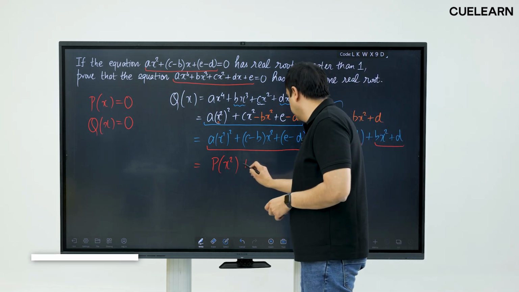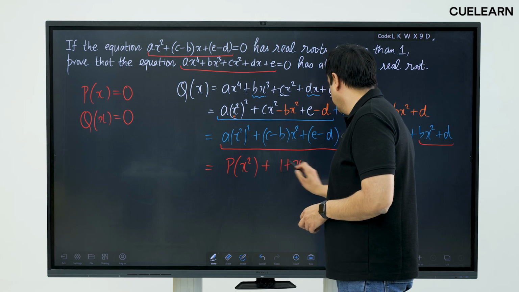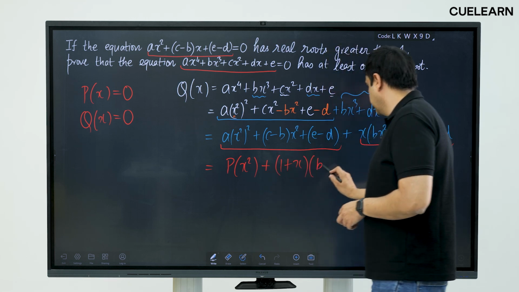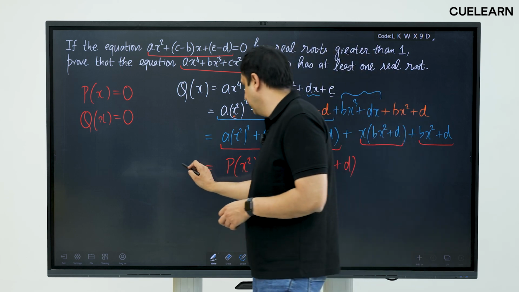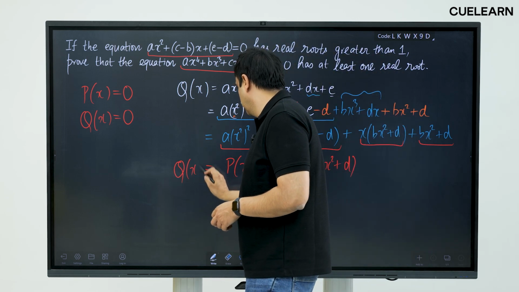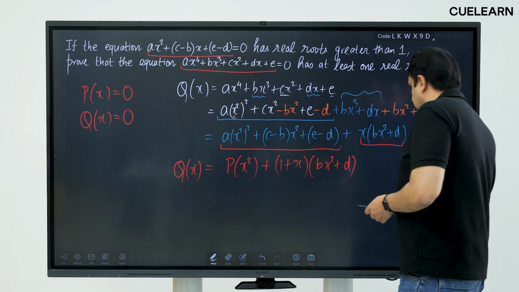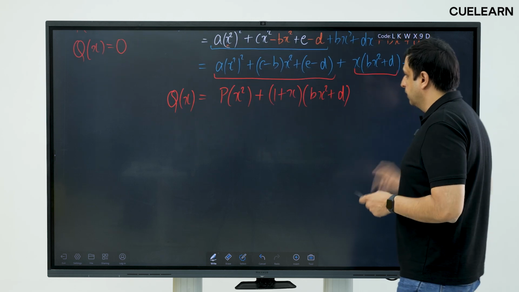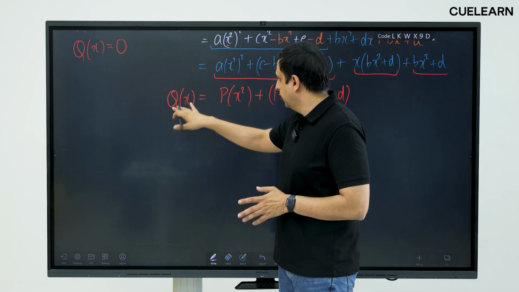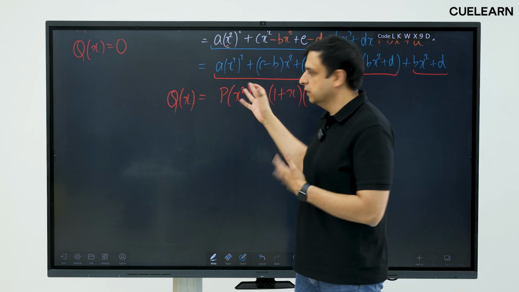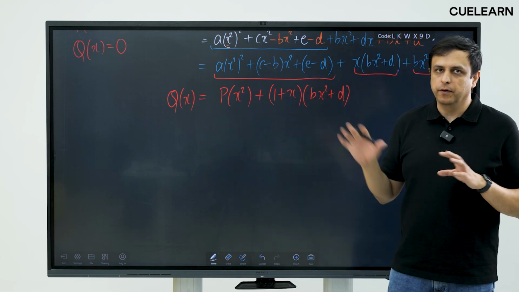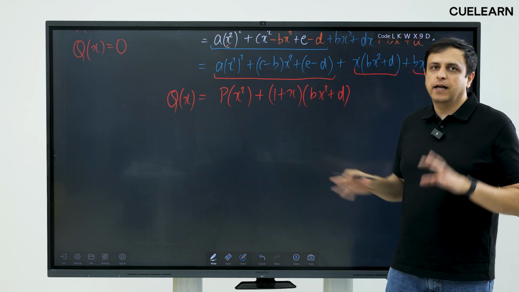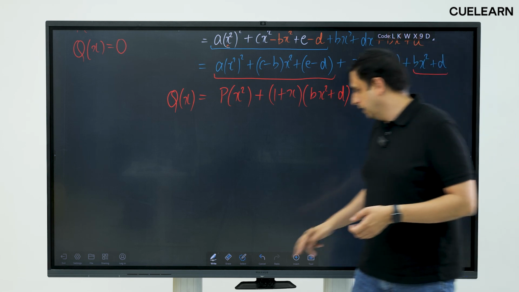So what you'll get here is 1 plus x times bx square plus d, and this is how we have managed to write the polynomial q of x. That's amazing, because what we have done is we have written q of x in terms of the polynomial p, and we know something about p. What do we know about p? We are told that p of x has real zeros greater than 1.